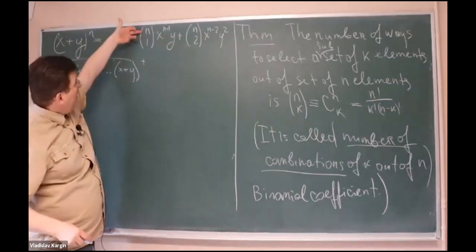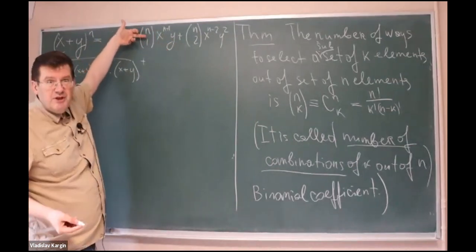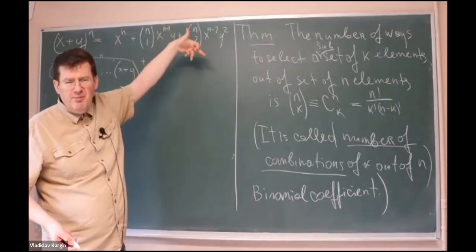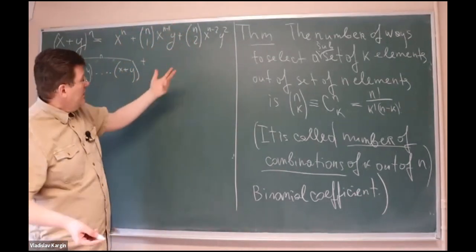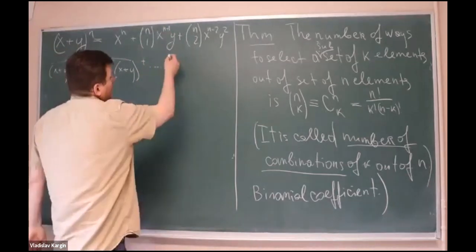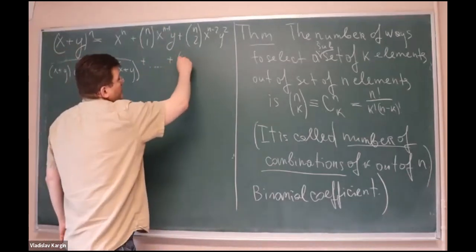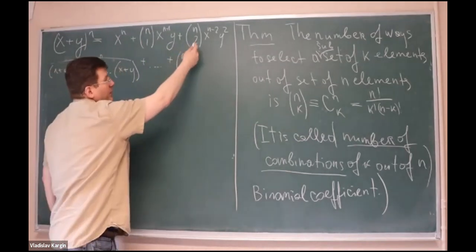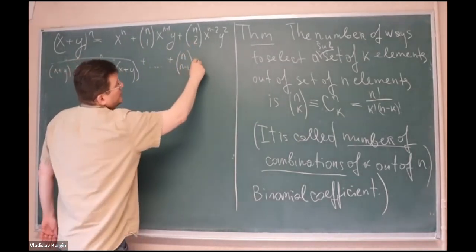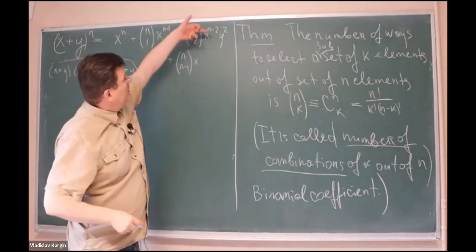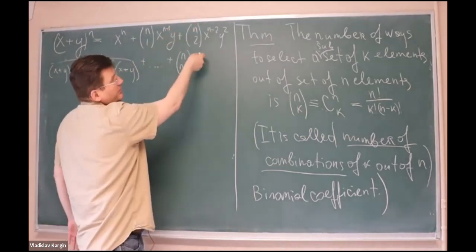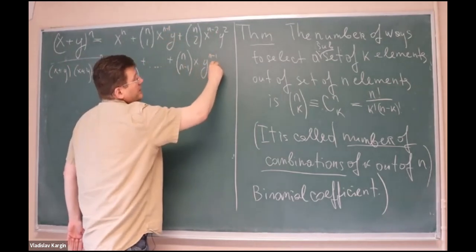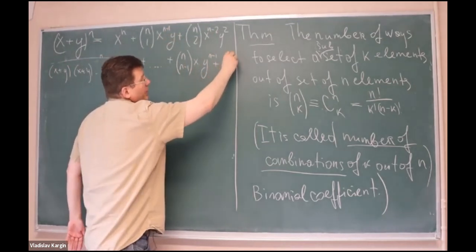So n choose 1, which is equal to n. n choose 2, which is equal to n multiplied by (n minus 1) divided by 2, and so on. And finally, the one before the last will be (n, n-1) x to the power of 1 and y to the power of n minus 1, and the last will be y to the power of n.